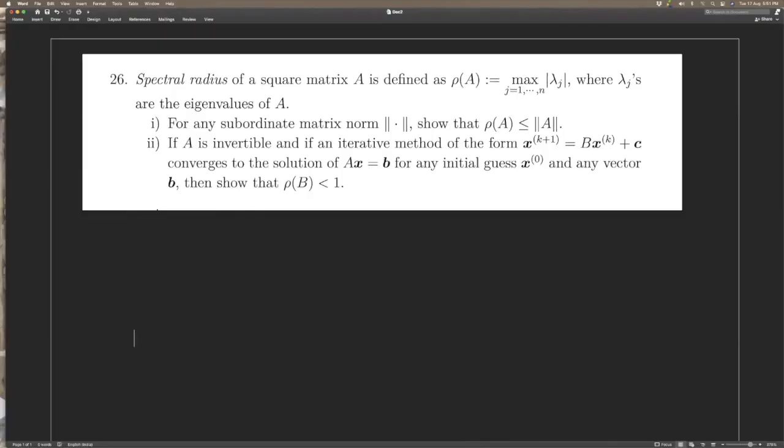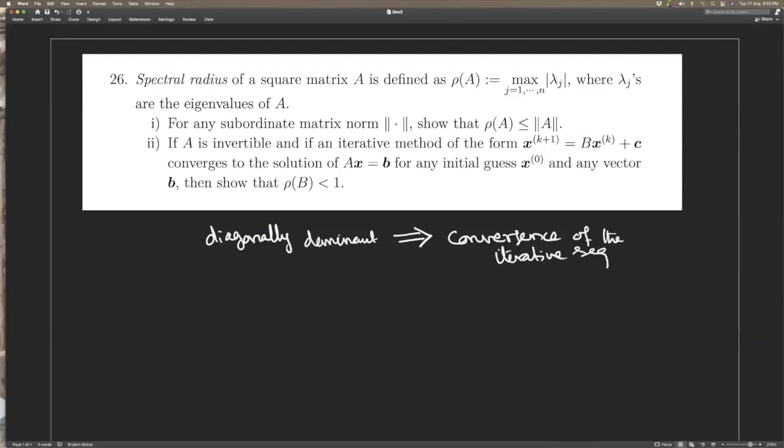The two convergence theorems we proved so far are only sufficient conditions, that is, a diagonally dominant coefficient matrix implies convergence of the iterative sequence from Gauss-Seidel and Jacobi. But we have not got the converse of it, that is, convergence implies what?